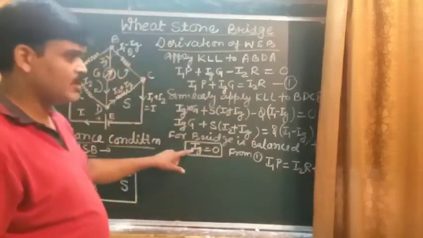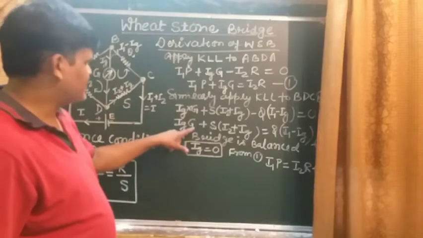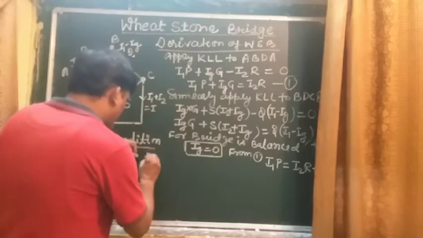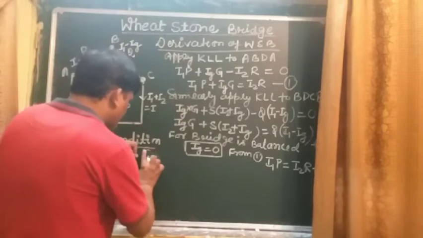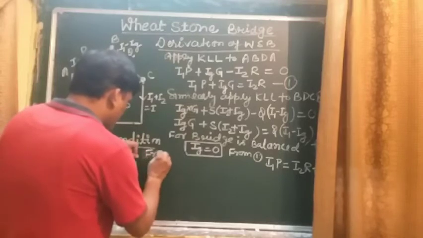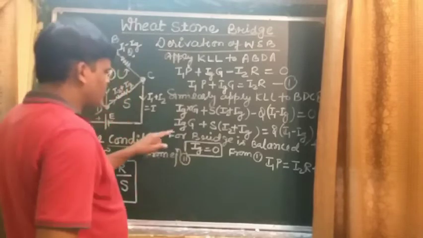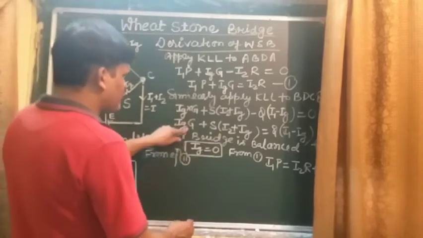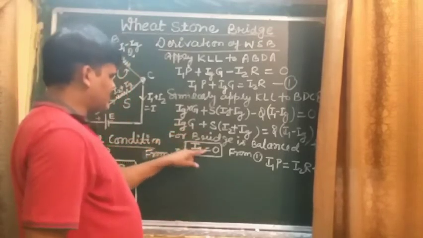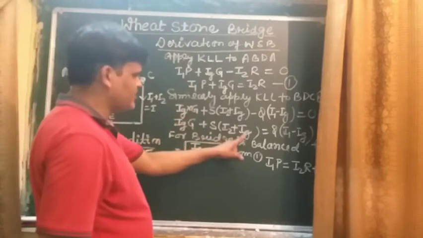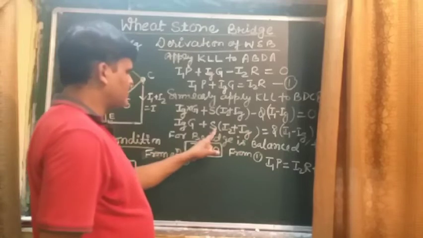Now putting the value of Ig in equation 2. From equation 2, Ig G is 0. Put Ig as 0, it means this term is 0. Only S I2 comes out.